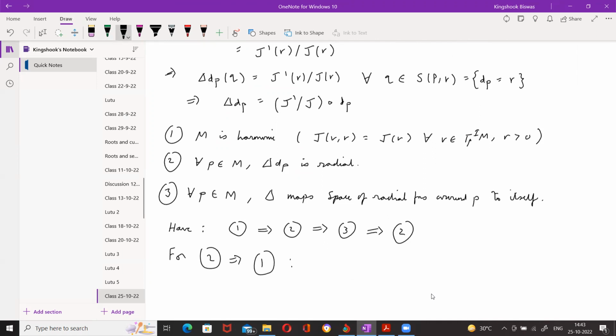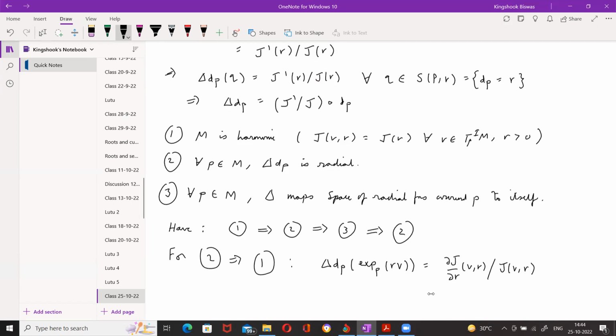So suppose we have the Laplacian of the distance function at, say, Q. Okay, let me write it better. So at the point exp_p of rv, this is equal to del J del r of vr divided by J of vr.